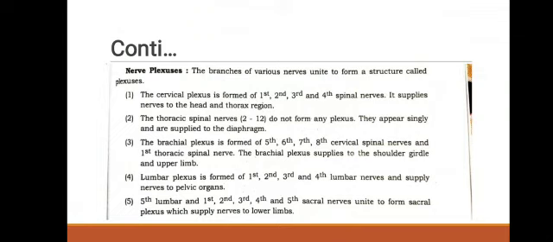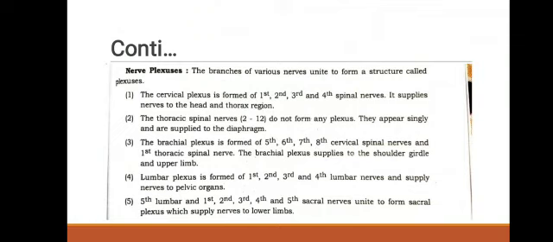Next one, brachial plexus is formed of 5th, 6th, 7th, 8th cervical spinal nerve and first thoracic spinal nerve. The brachial plexus supplies to shoulder girdle and upper limb.